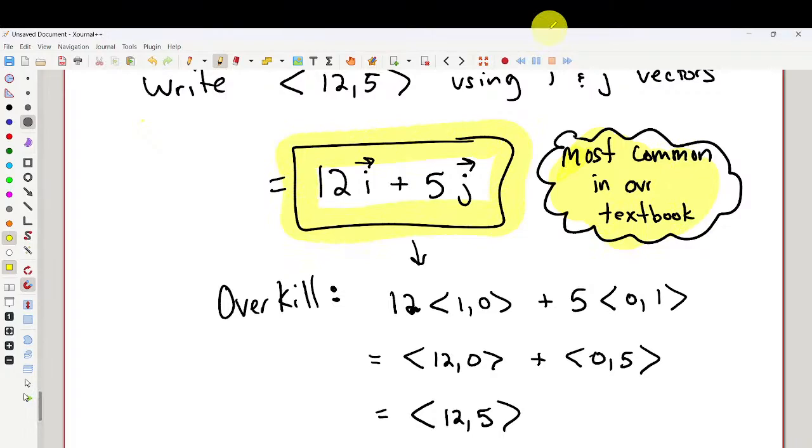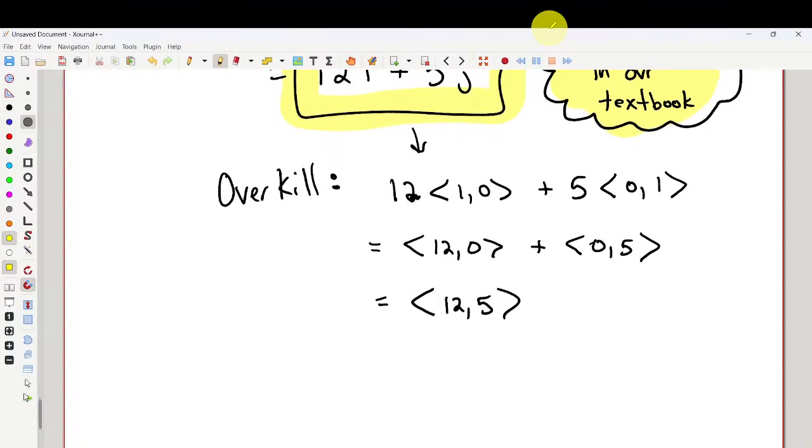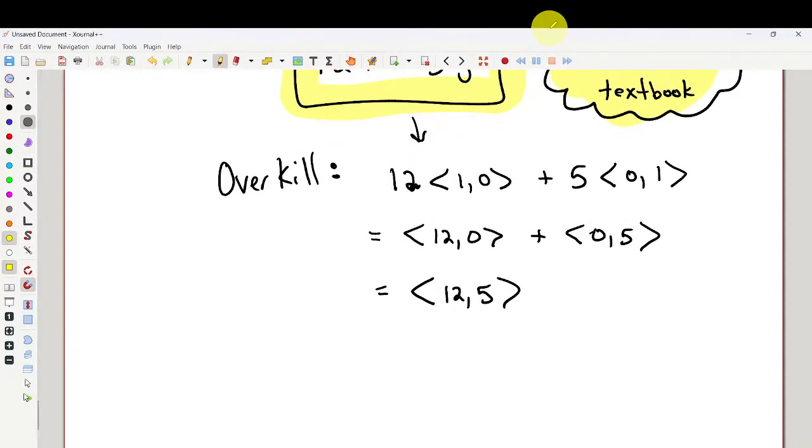And it's the most common in our textbook. You will see in some of your homework, because I made sure it was in there, the other notations, but really at some point this becomes what we're going to use as our go-to. So on the exam, when you have a mirror image of this problem with different numbers, you would just write the answer without showing the work, because this is basic. This is not going to be on the exam, I'll tell you that right now.